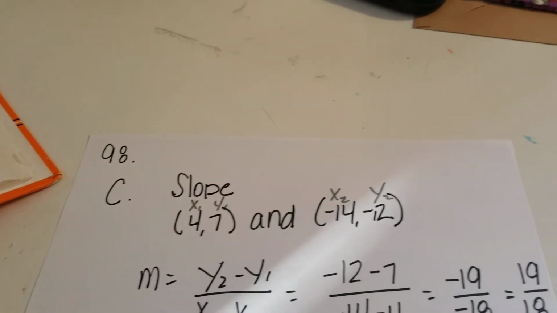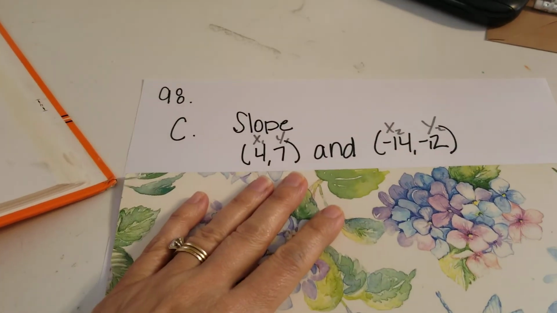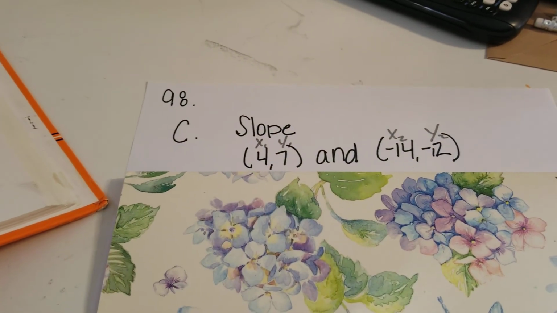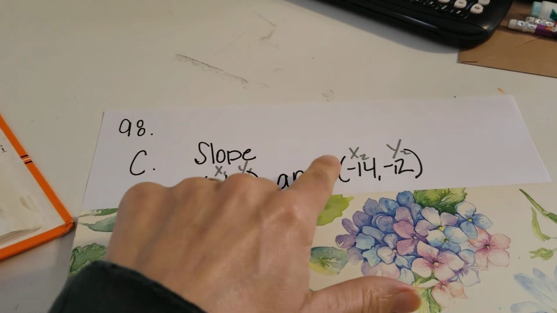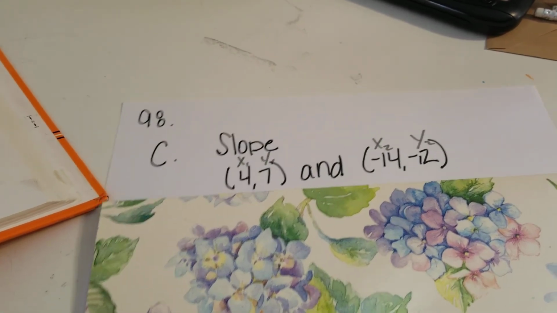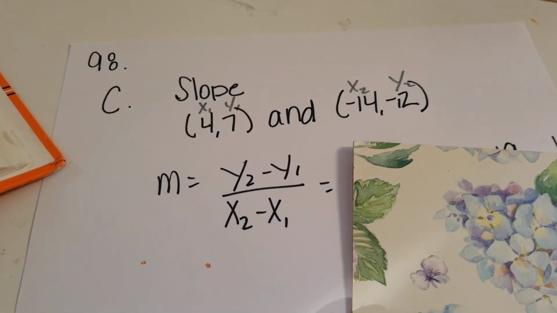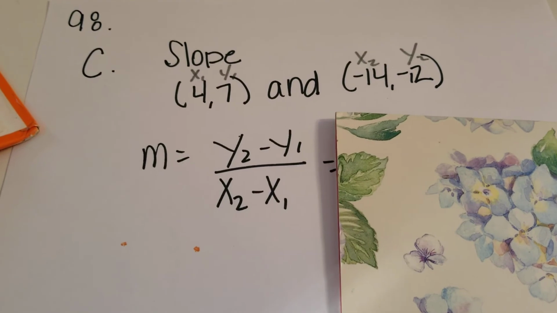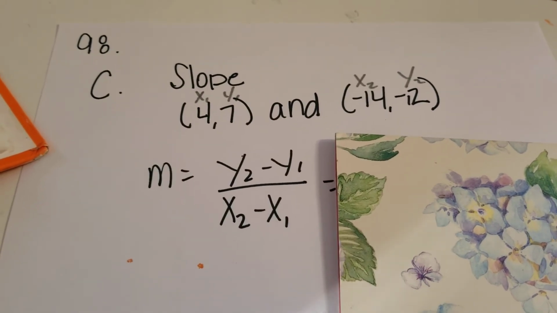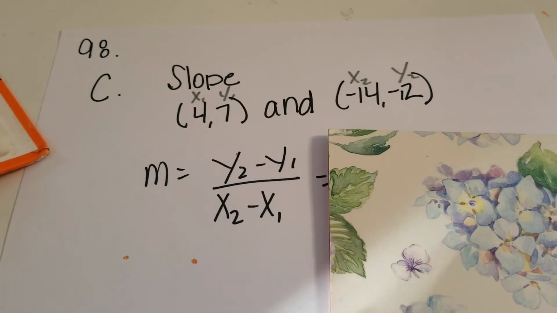Then example C, we have another. Find the slope between those 2 points. I labeled x1, y1, x2, y2. I write down my formula because I have good habits and I want everybody, my teacher, my mom, myself, to know what I'm plugging in where.